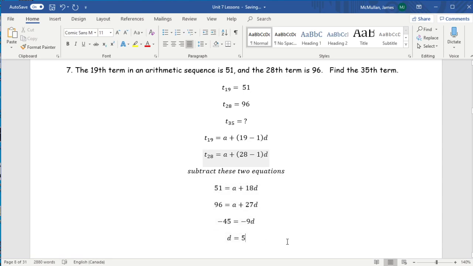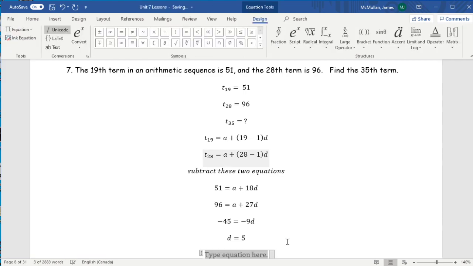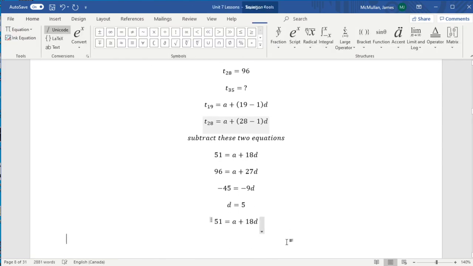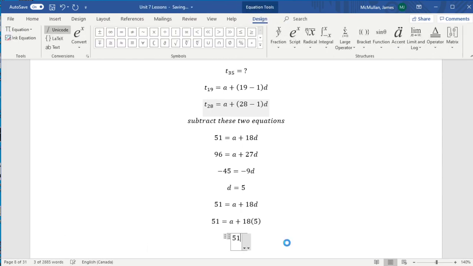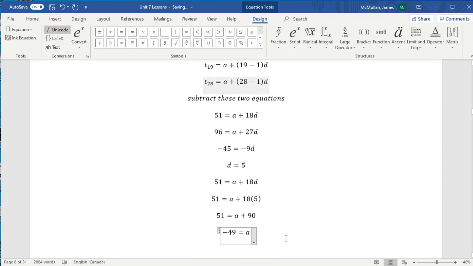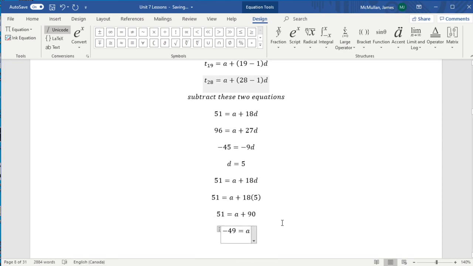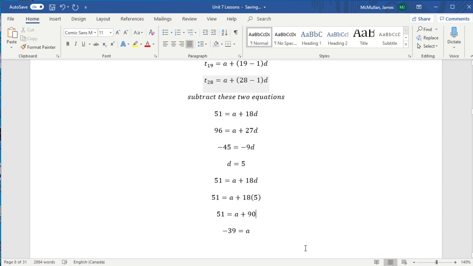Now if d is 5, let's go back to what we know about term 19. 51 equals a plus 18d. 51 equals a plus 18 times 5. 51 equals a plus 90. So negative 39 equals a. Let's test it with my other equation.